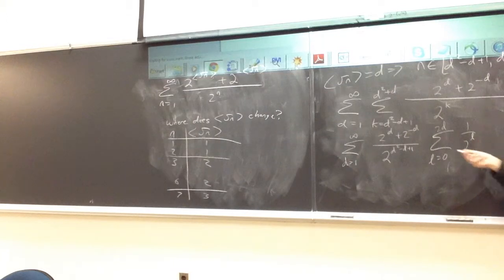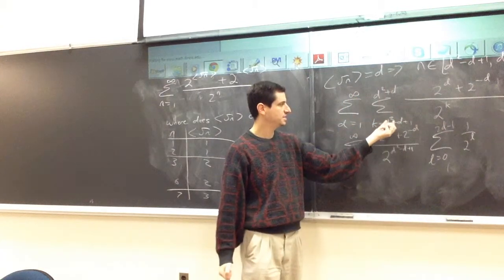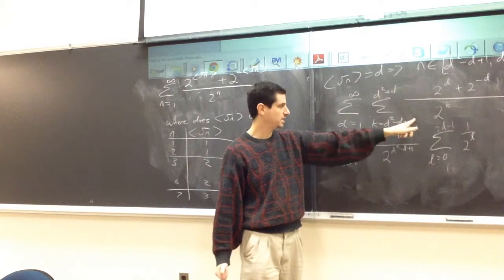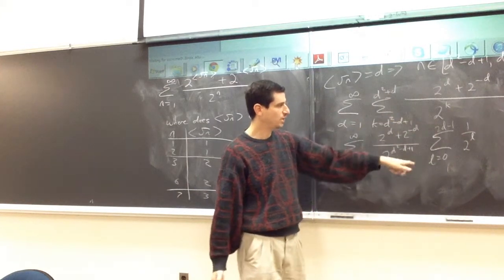When l equals 0, we start off at the very bottom, and if we go all the way up, I think 2d minus 1. Is this the sum you end up getting? I'm writing k as d squared minus d plus 1 plus l, and l goes from 0 to whatever I need. So we now have this.